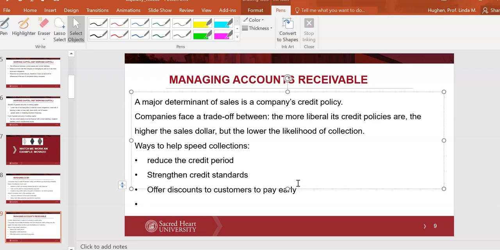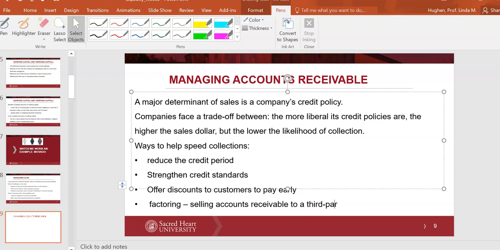And then finally, another way for a company to speed up collections is to sell those accounts receivable. And we call that factoring. Selling accounts receivables to a third party. And that third party we call a factor. So we're going to sell these receivables. We're going to get the cash up front. We don't have to wait around for our customers.